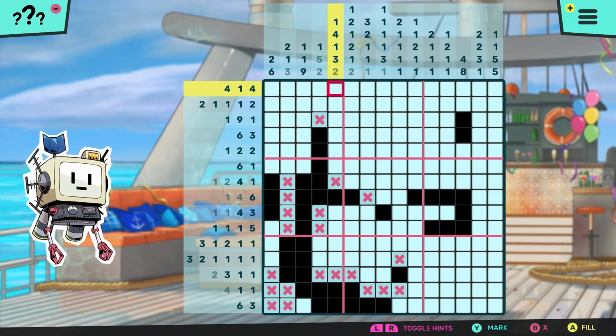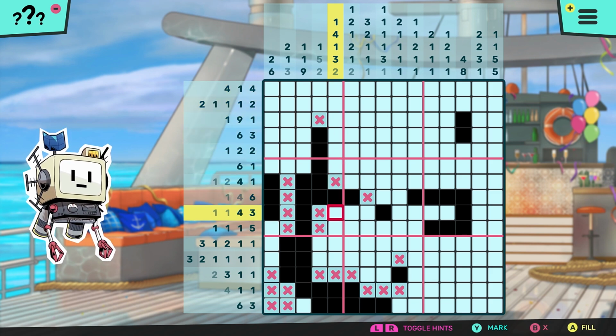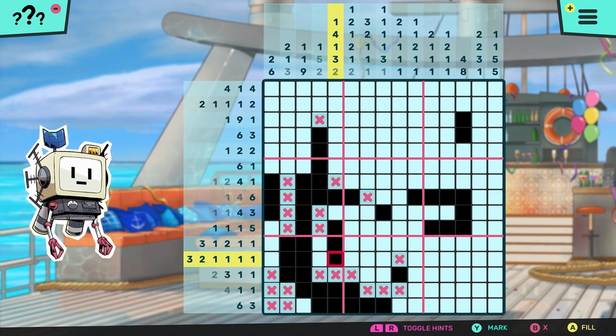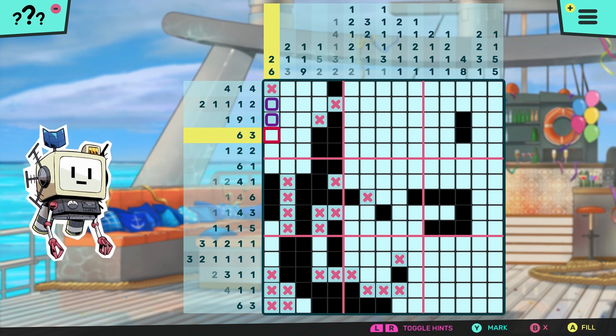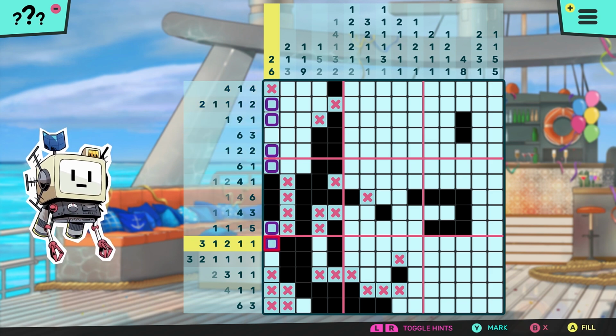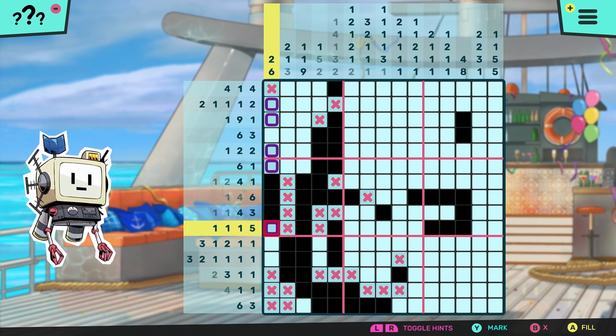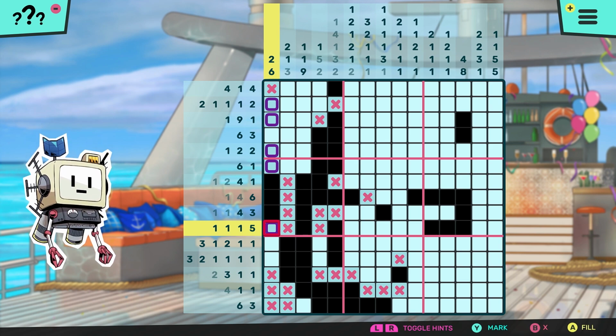How about this? We got 1, 4, 1, and 3. Yeah, that fills in totally fine. How are we doing on this? 2, 6. Too much. That can be filled in now.